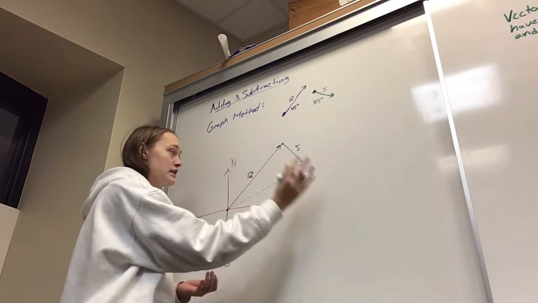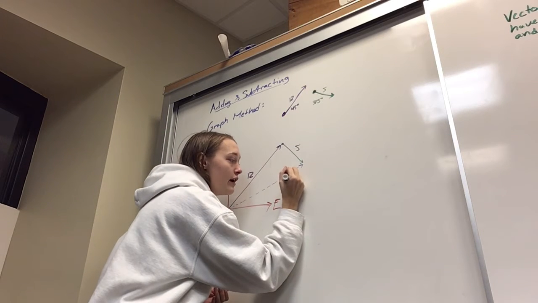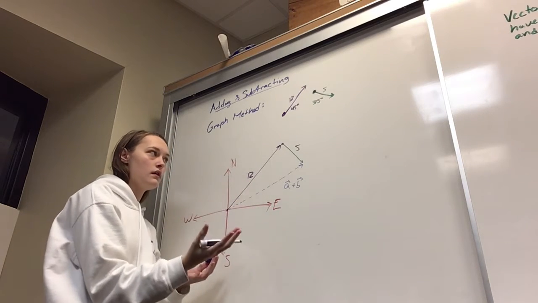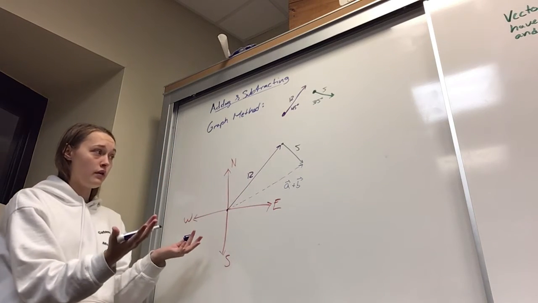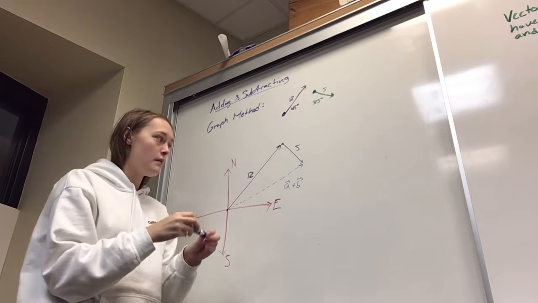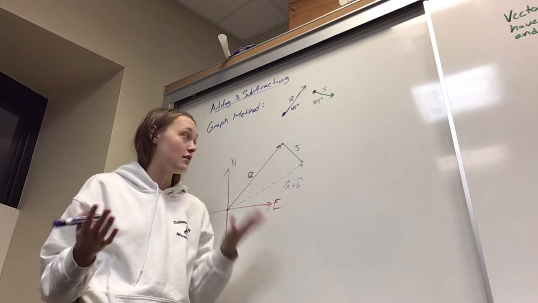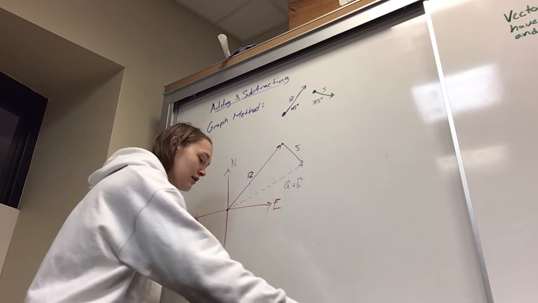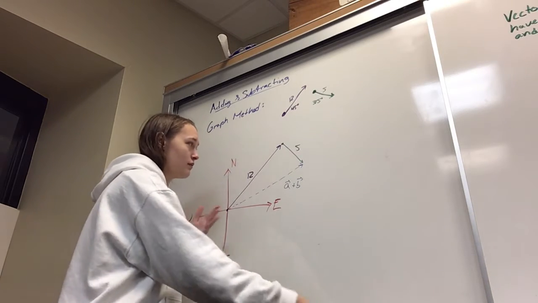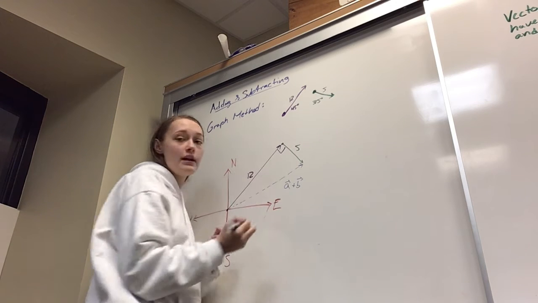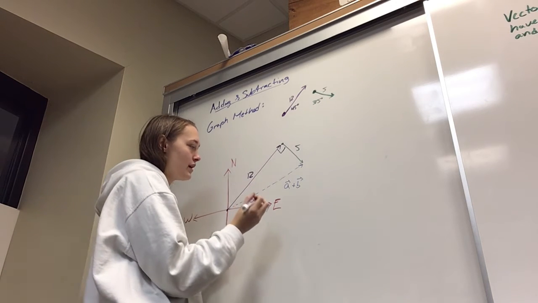This vector that is created would be vector A plus vector B. So that's how we find our resultant vector. But the question asked, what is the magnitude and what is the direction of this vector? And using the graph, we got lucky with this one. There happens to be a right angle right here.